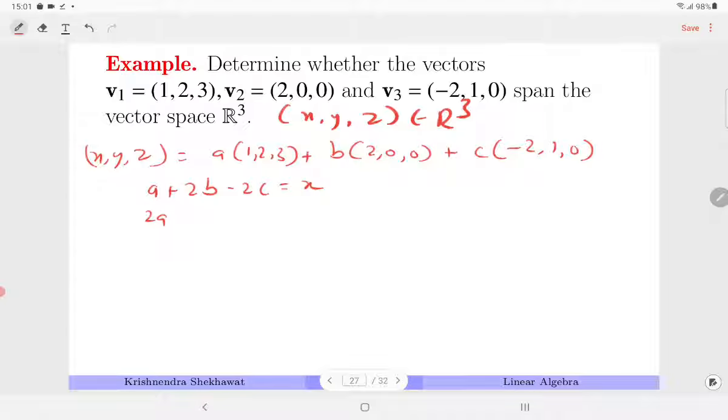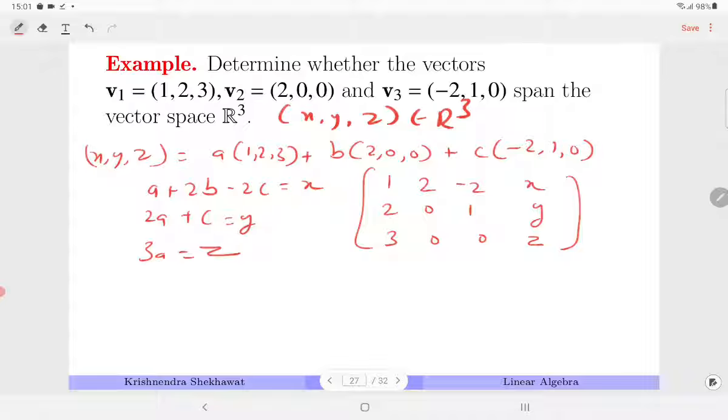Then 2a plus 0b plus c is equal to y. And then the third equation is 3a is equal to z. If you write the augmented matrix, so [1, 2, -2 | x], [2, 0, 1 | y], and [3, 0, 0 | z].